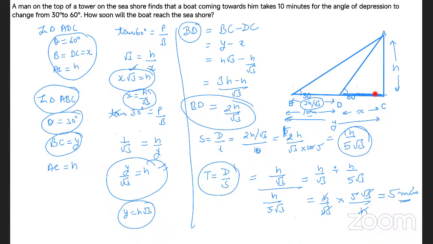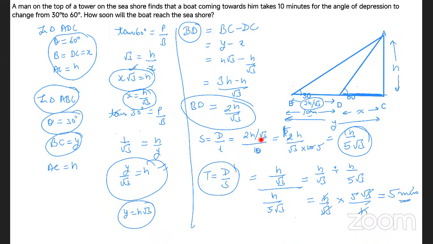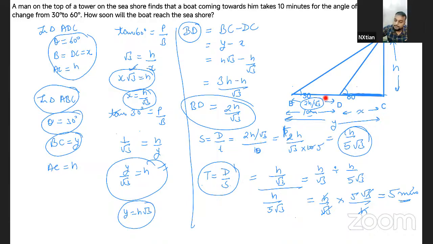Sir, speed is equal to distance by time. So then you put 2H by root 3. So wouldn't that be one thing upon 10? The time is 10 minutes. No, I'm calculating the speed taken in the BD distance. The speed is the same throughout.